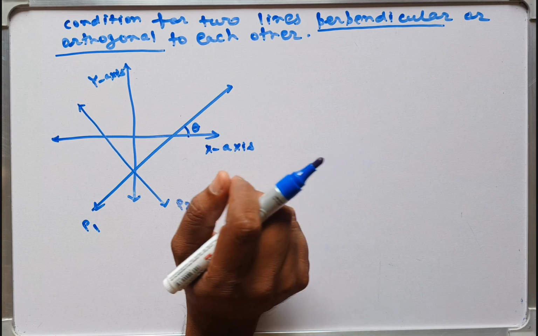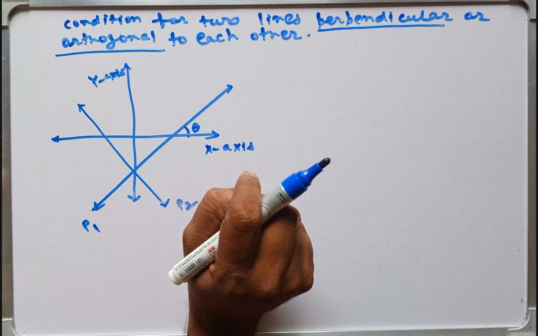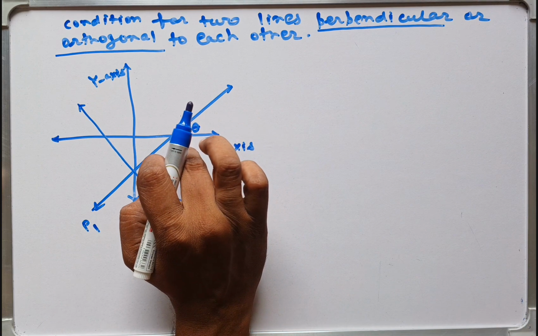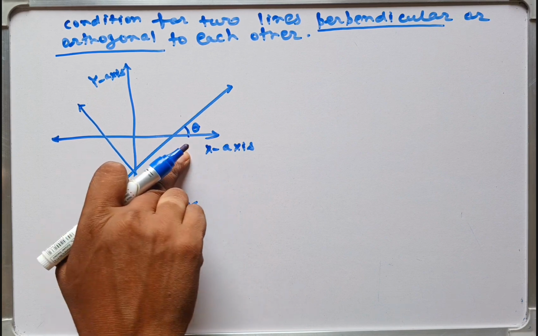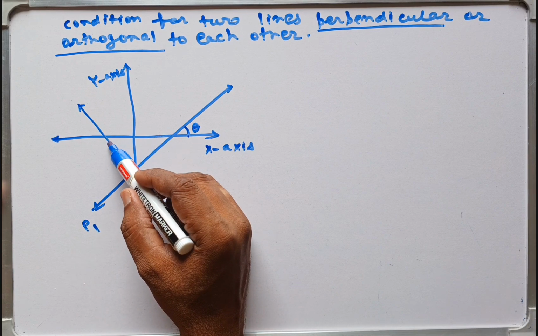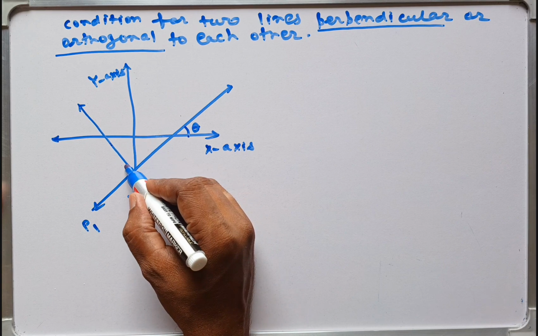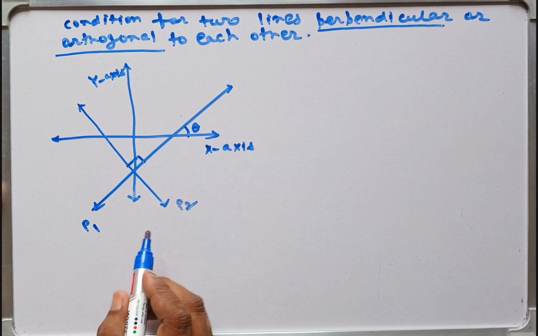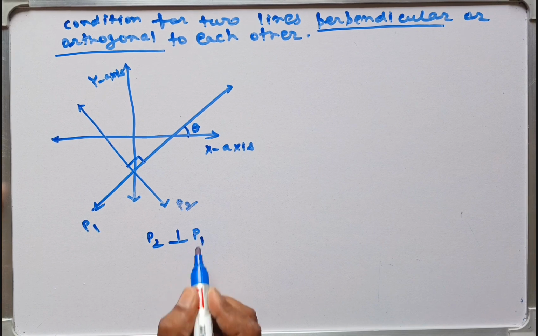Always remember, when we are talking about angle, then the angle is always measured in the anti-clockwise direction with reference to the x-axis. Guys, we don't know the angle of this P2, but we know this line is perpendicular to this line, meaning P2 is perpendicular to P1.